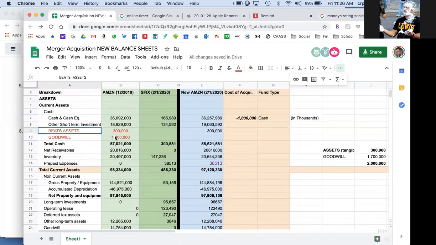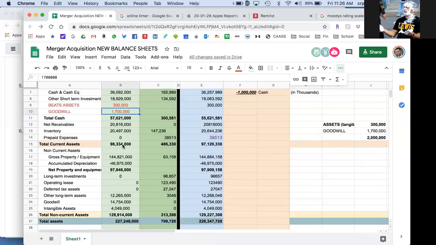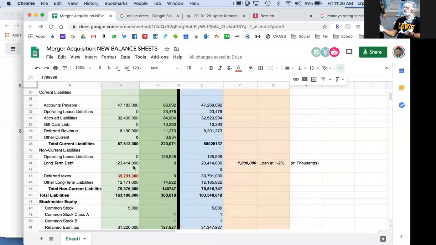So that's what I'm saying, is that this is difficult because you actually have to showcase the assets you purchased, which are tangible and intangible. The assets are tangible, the goodwill is intangible, but then you have to show it in the stockholders' equity and the liabilities that it costs you $2 billion, right?